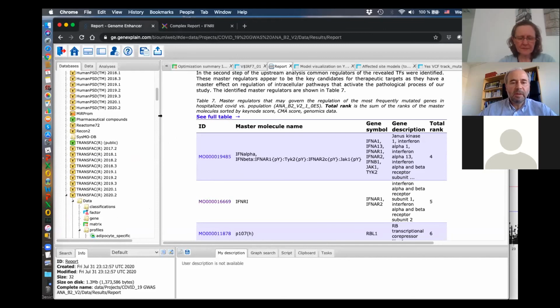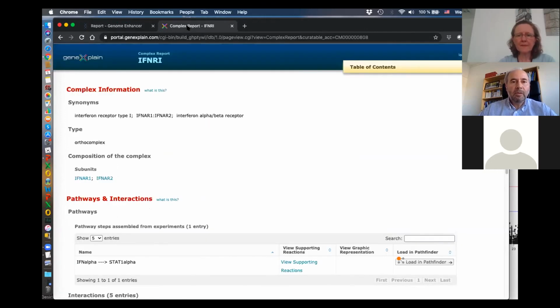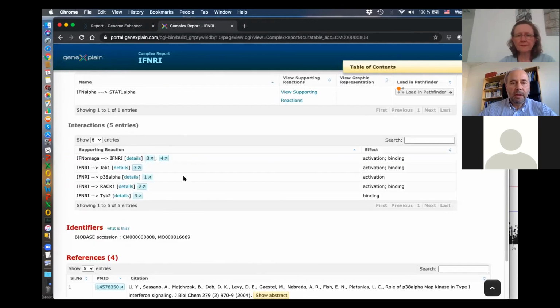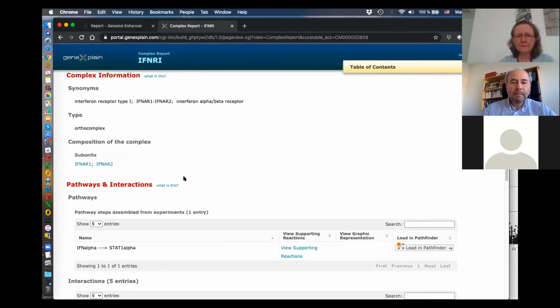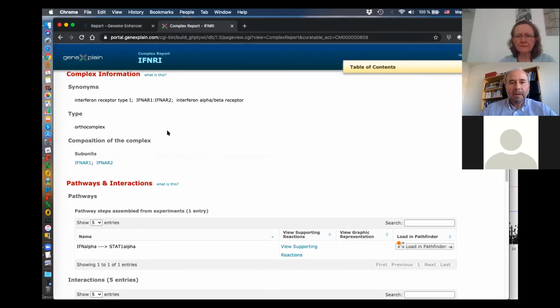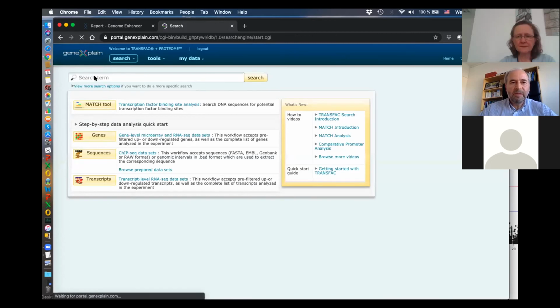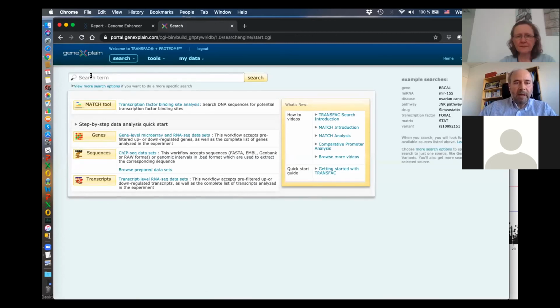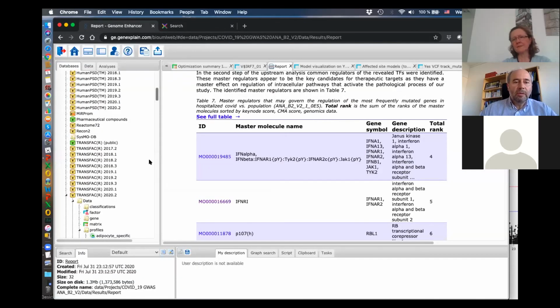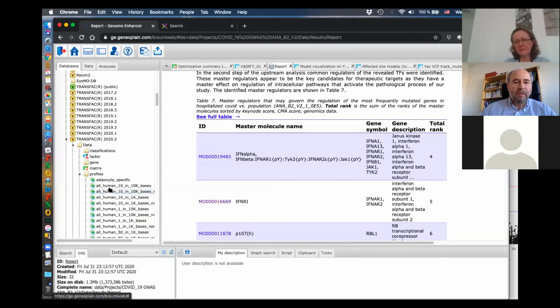There are various ways of getting these matrices. In the database itself there's an interface. You can search for a particular matrix or transcription factor, and you can see the matrix on the screen. Also, you can do it inside the platform.